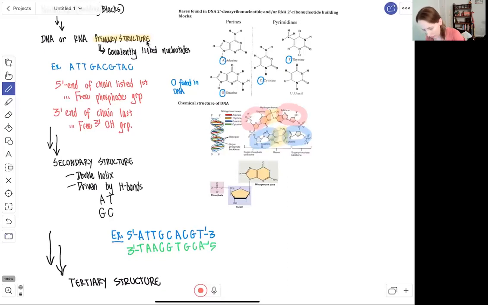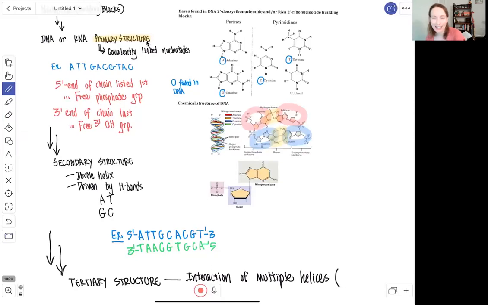The DNA tertiary structure is formed by interaction of multiple helices. In the secondary structure, we're looking at one double helix with hydrogen bonding being the driving force. Now in the tertiary structure, we're looking at multiple helices coming together.